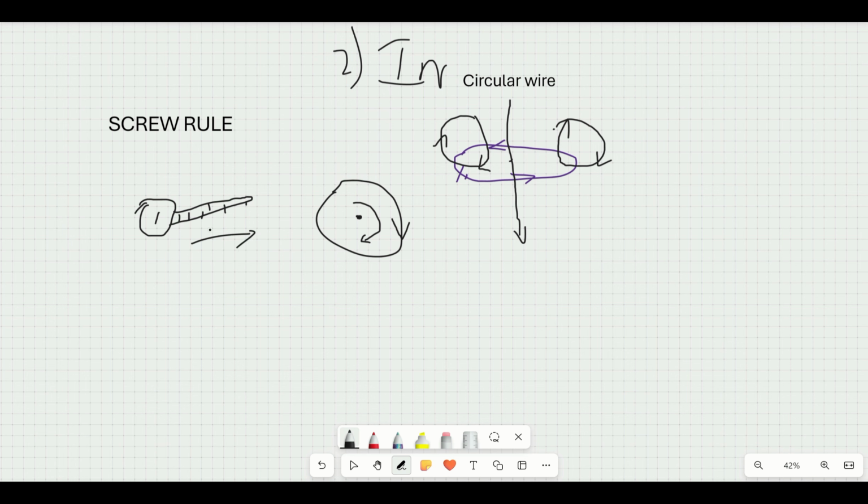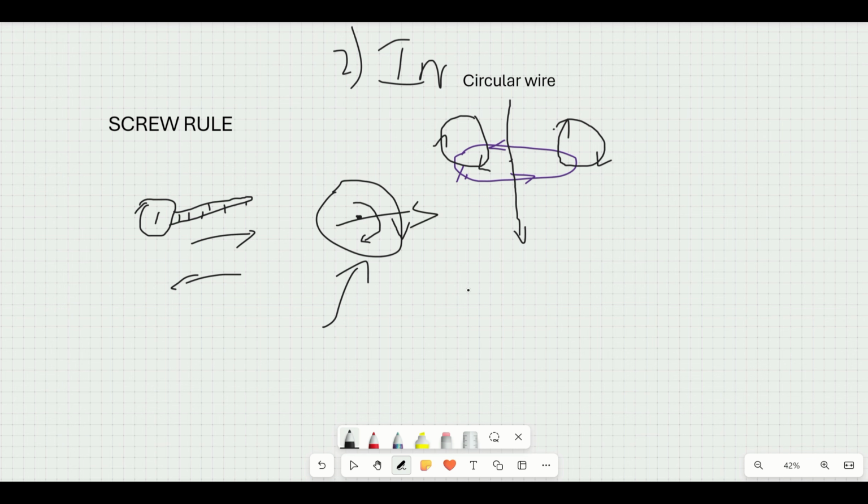And when it is rotated anti-clockwise, it goes outside. So in a current carrying wire, if the current is flowing clockwise in the circular loop, then the magnetic field will be inside.